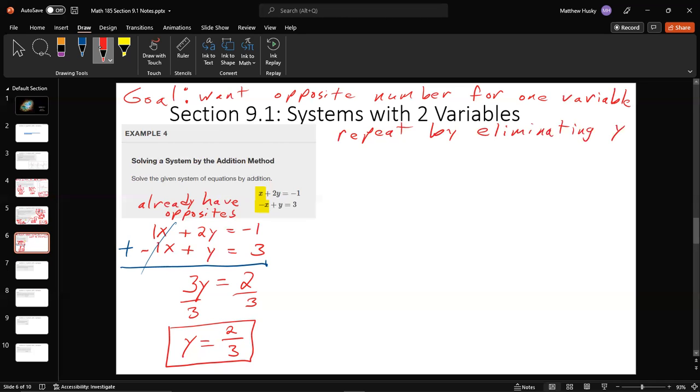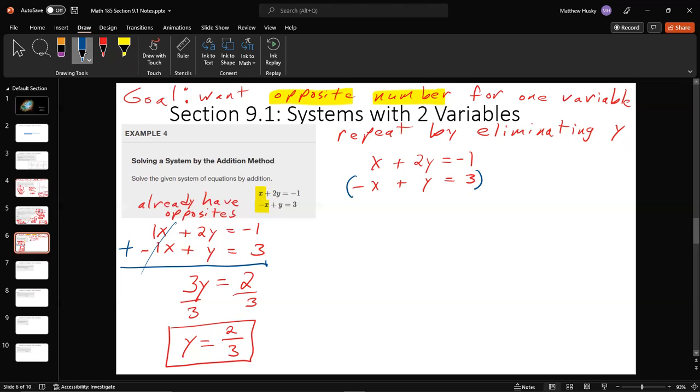Now, what would you need to do to eliminate something where the numbers don't match from the beginning? Well, you would multiply one or both of the equations to get opposite numbers. That's what I mean when I talk about your goal. You want to get opposite numbers for one of the variables.